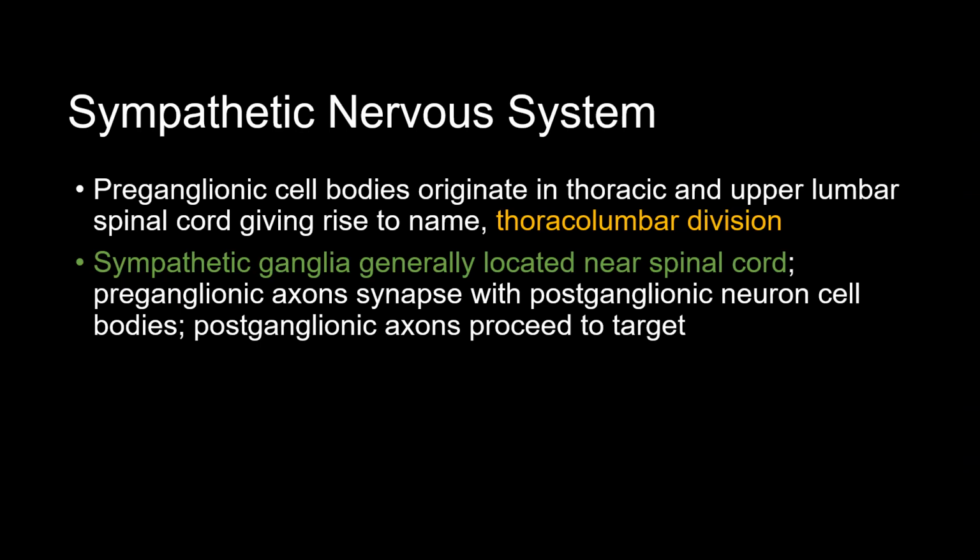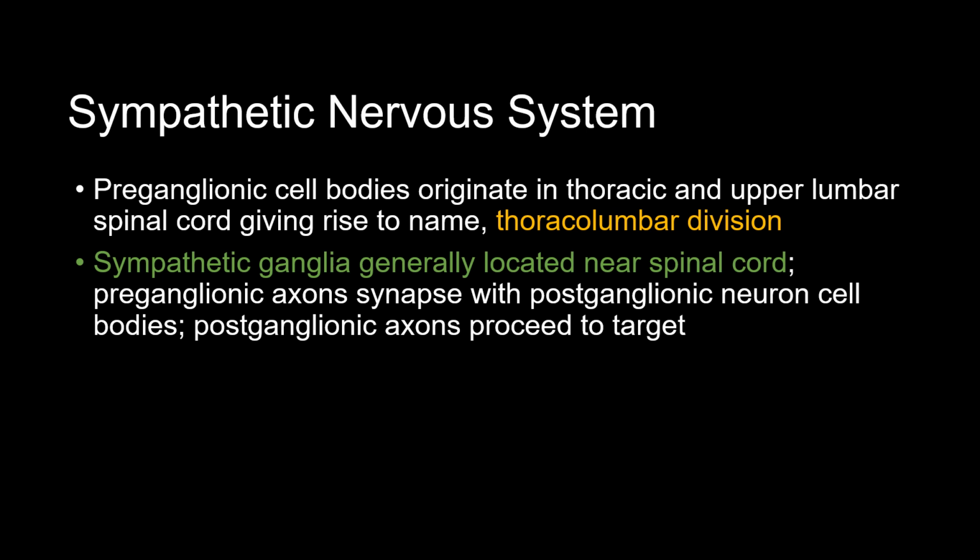Now, as you saw from that figure, the cell bodies of the sympathetic nervous system often originate near the thoracic and upper lumbar spinal cord. That preganglionic neuron will originate in the thoracic and upper lumbar spinal cord.